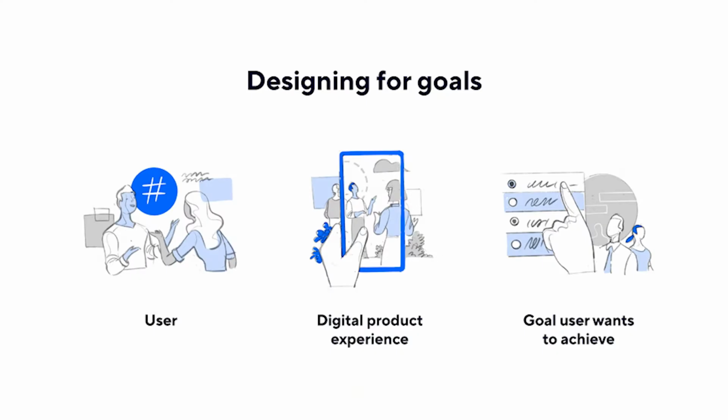With any digital product design project, there are users, and these users have goals or needs that they want to be met. And it's the digital product experience that allows these users to meet their needs. It's typically the goal, or we would like to think, of designers to allow users to achieve these goals with as little friction as possible.